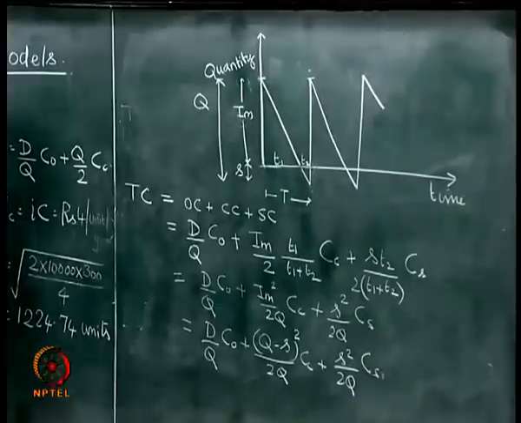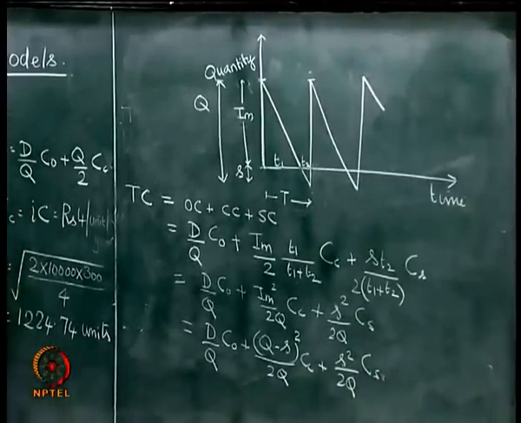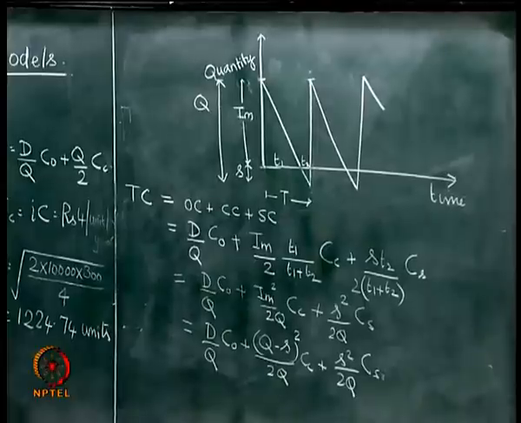So this way we have now eliminated Im also by substituting Im is equal to Q minus S.